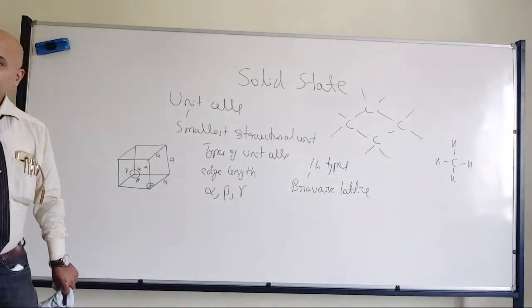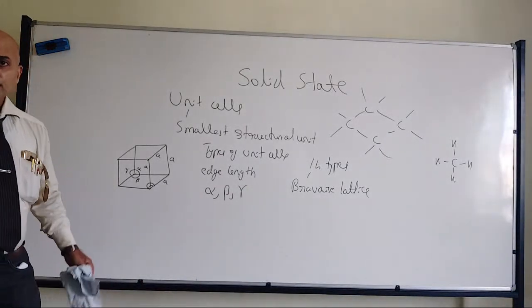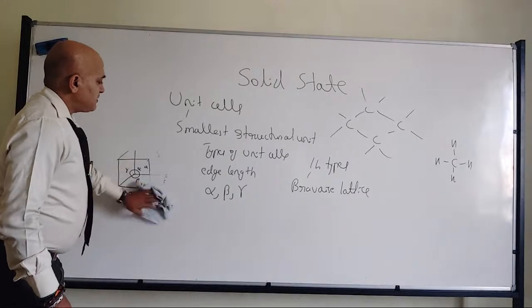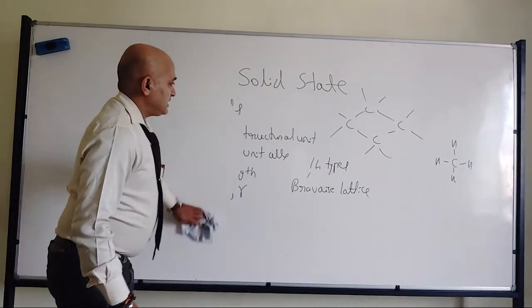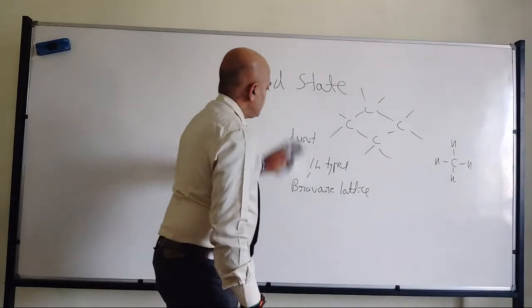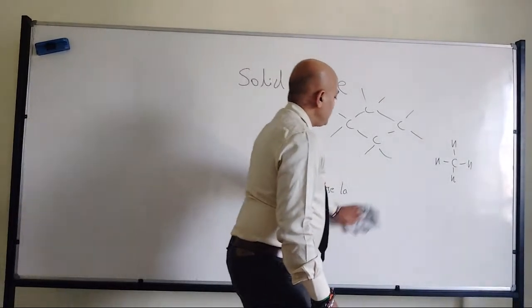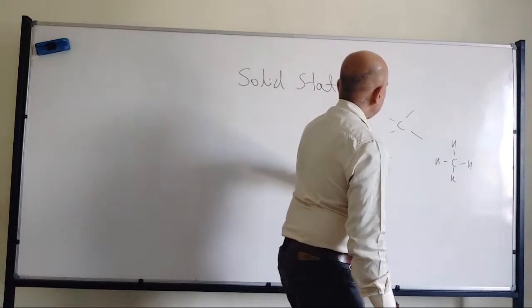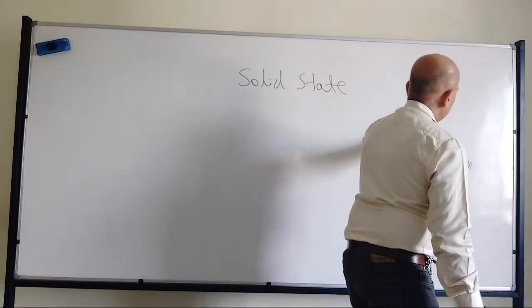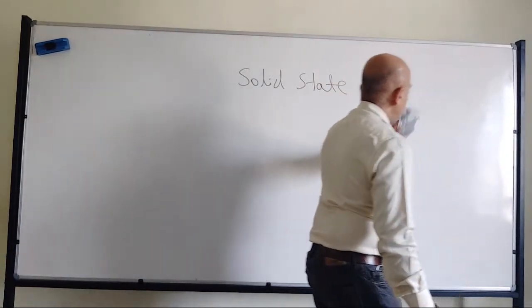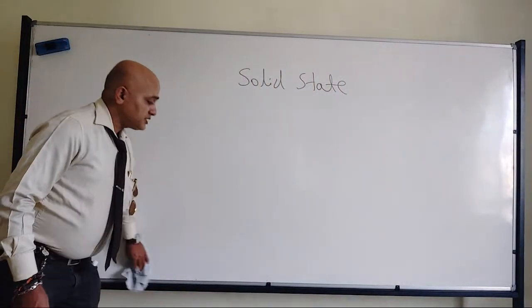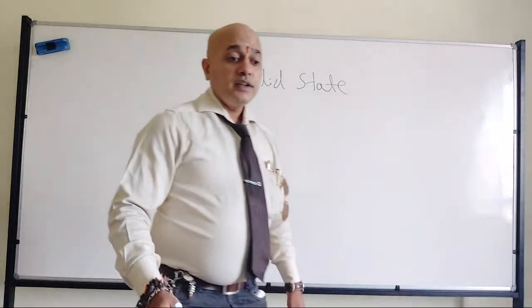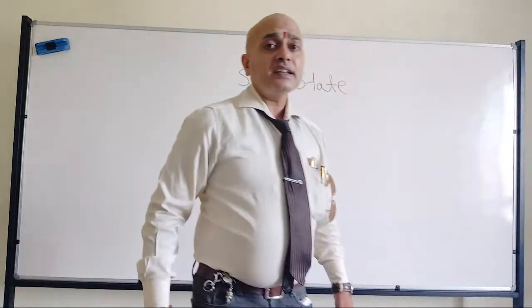Am I clear? Have all of you understood? So this is where we have the crystal lattice and unit cells. That's what we have discussed now. What do you mean by crystal lattice? Crystal lattice is a representation of the three-dimensional arrangement of elements in a crystal structure.